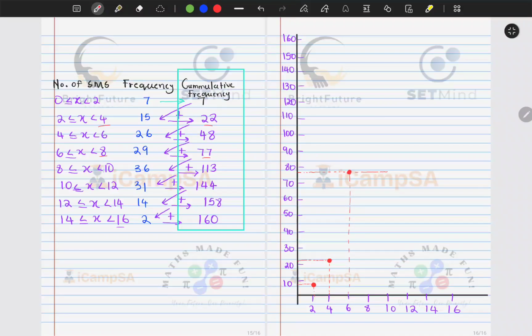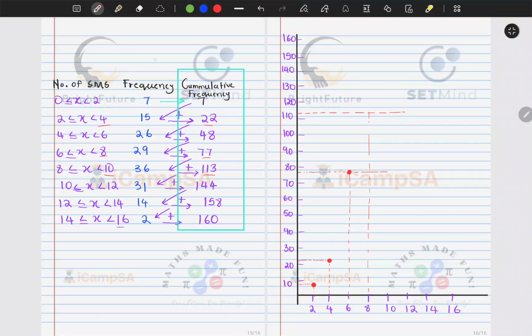Then if you look carefully, we have 10 and 113. So 113 is just above 110. So we'll have that there. And then let's just move up. That's 8. Sorry, let me see. Oh, that is 10. So let me quickly fix something.